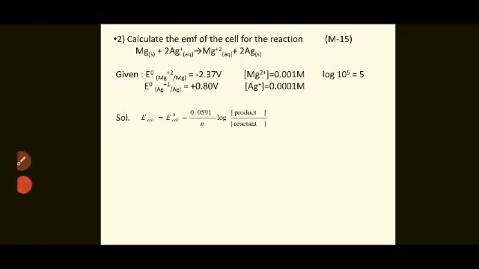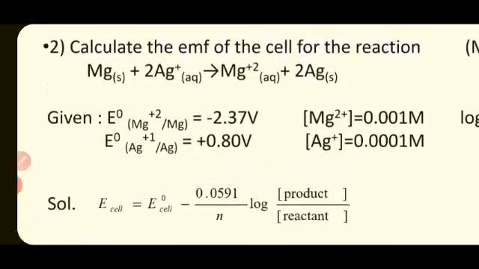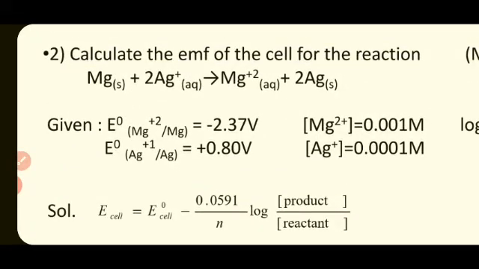Here the formula is E cell is equal to E naught cell minus 0.0591 divided by n into log of molar concentration of product divided by molar concentration of reactant.